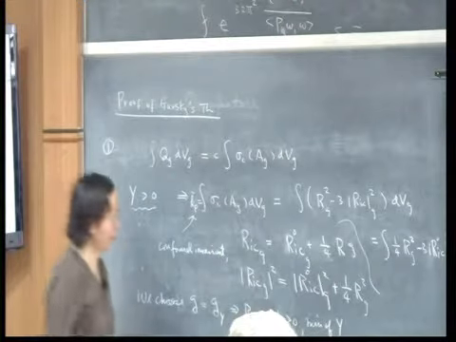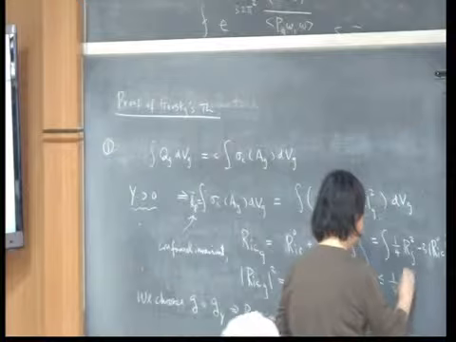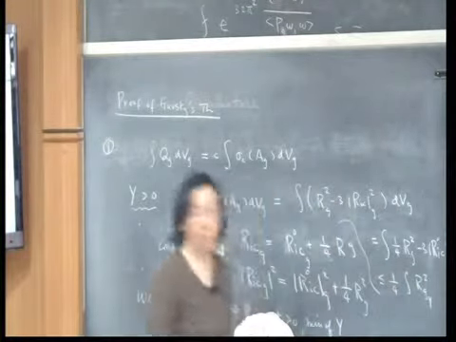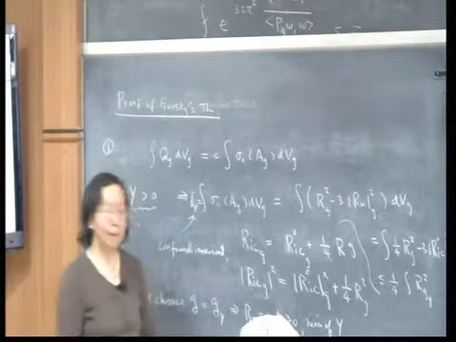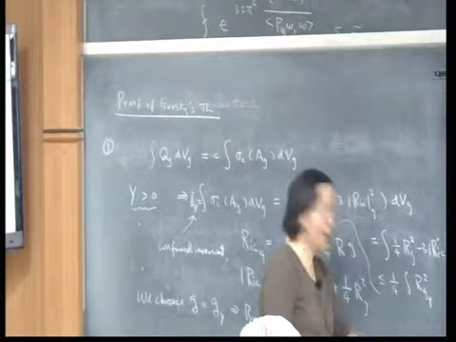So if one does that, this is less than or equal to 1/4 of R_Y squared. And after that, we are in good shape because R_Y squared is a constant.